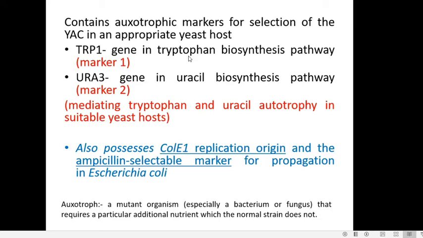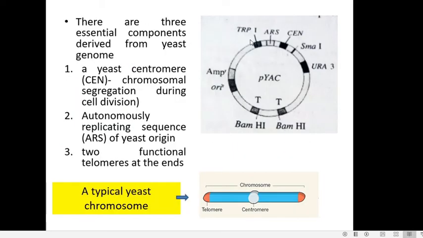Now, which vector do you use in your experiment? It is the YAC vector which has the TRP1 gene. This is your vector with the TRP1 gene, and you allow this vector to enter your mutant host cell.